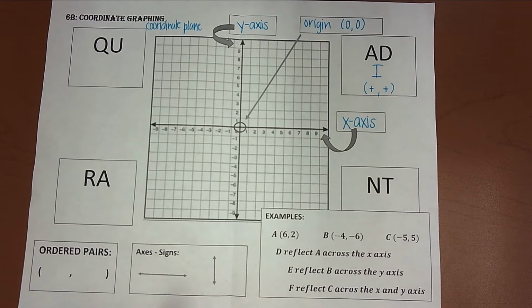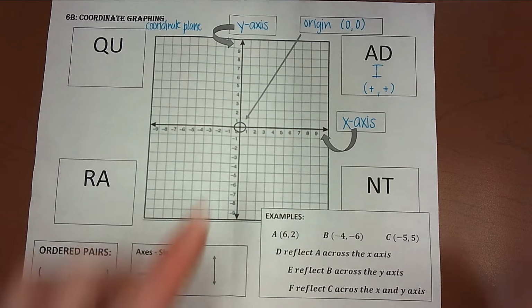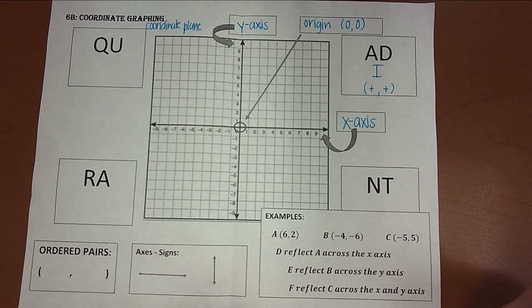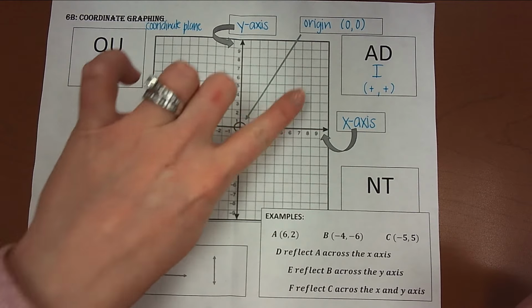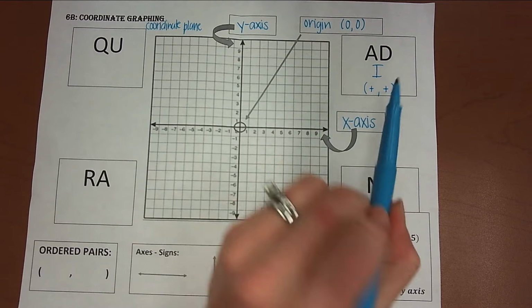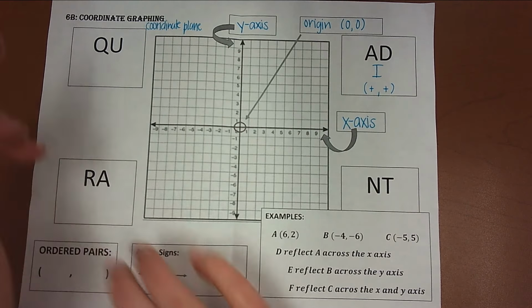And then this is where things get a little tricky because we have to be careful. Oftentimes, we know that we go in clockwise order. However, in math, on the coordinate plane, we go counterclockwise, which is the opposite of what we normally think. So this is quadrant 1, this is quadrant 2.